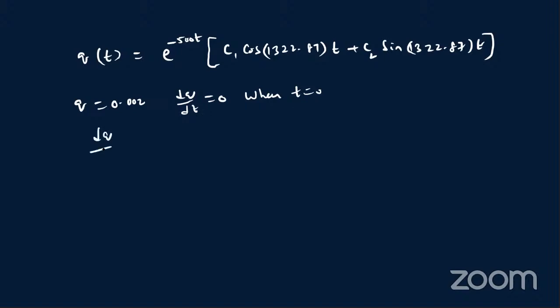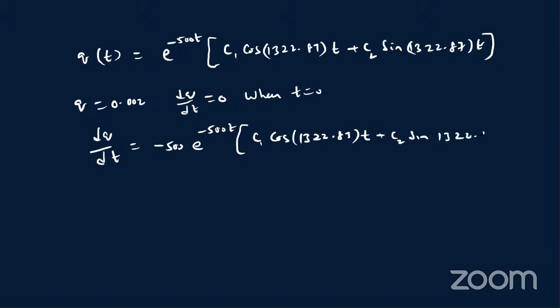So dq by dt equal to minus 500. Using the UV formula, minus 500 into e power minus 500t into C1 cos 1322.87 into t plus C2 sin 1322.87 t, plus e power minus 500t. Now I am differentiating the second function.